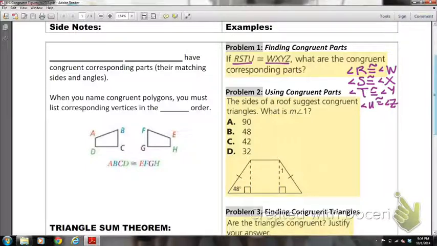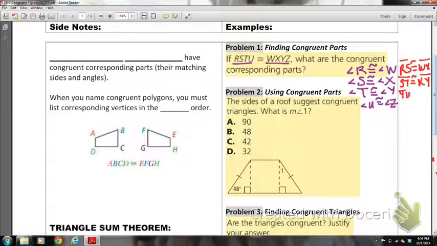We also have 4 congruent corresponding sides that are going to be segments. So once again, going by the name only, if you look at side RS, RS has to be congruent to WX, and side ST is congruent to side XY.